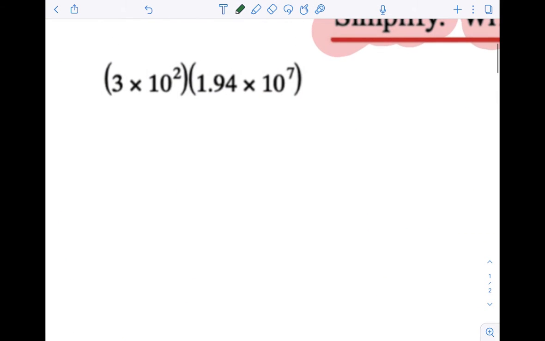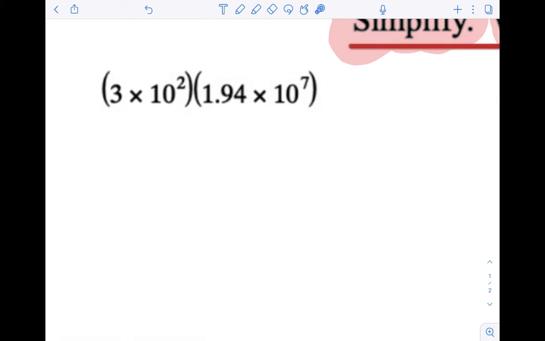So the first one here: we have quantity 3 times 10 to the power of 2 times quantity 1.94 times 10 to the power of 7, right? Whenever we have parentheses, we say quantity. So those are big numbers.